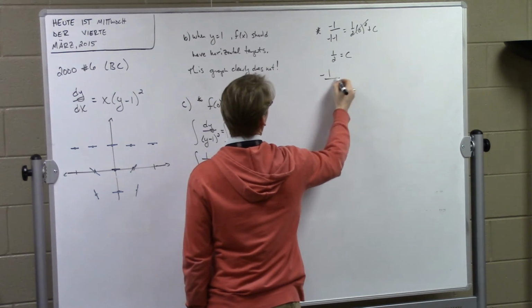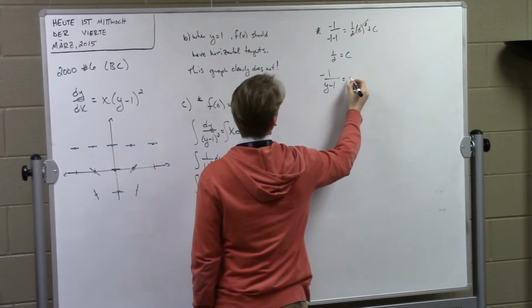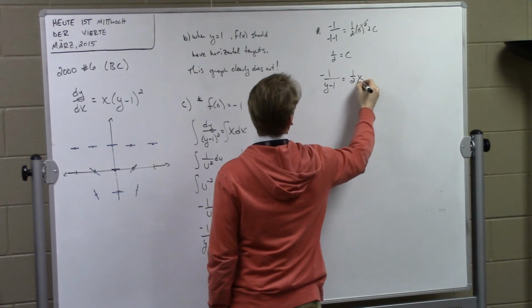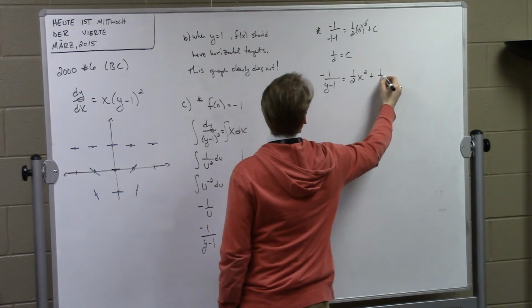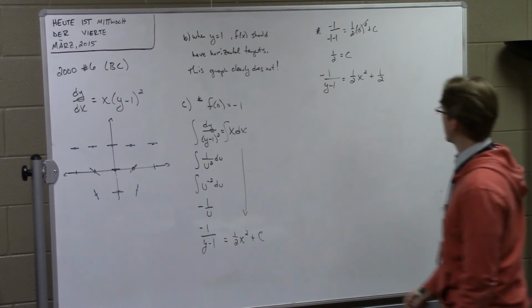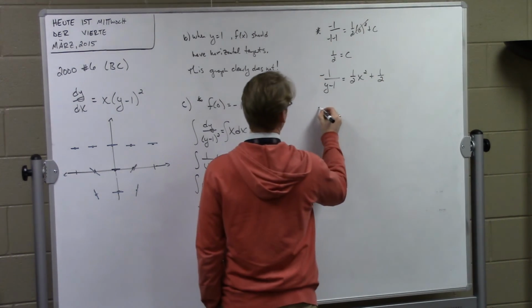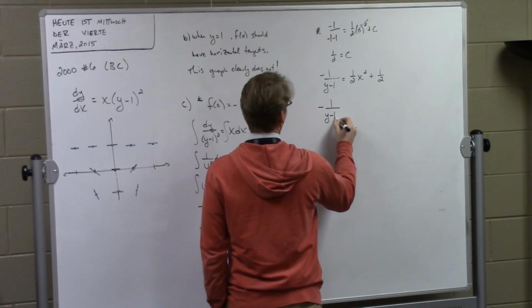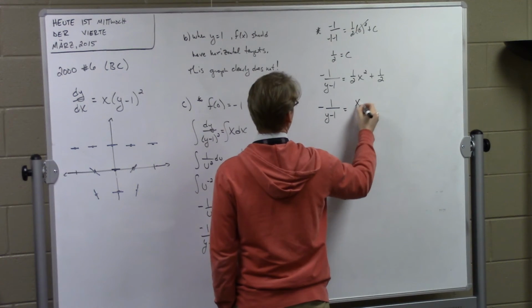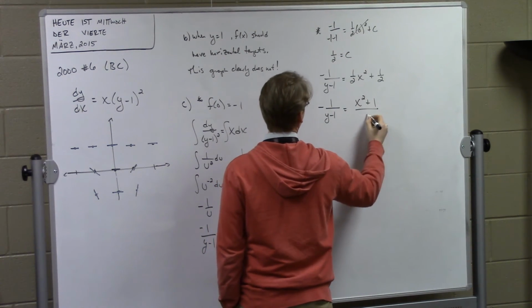So -1 over y minus 1 equals 1/2 x squared plus 1/2. Or, since both of these are over 2, we could say x squared plus 1 over 2.